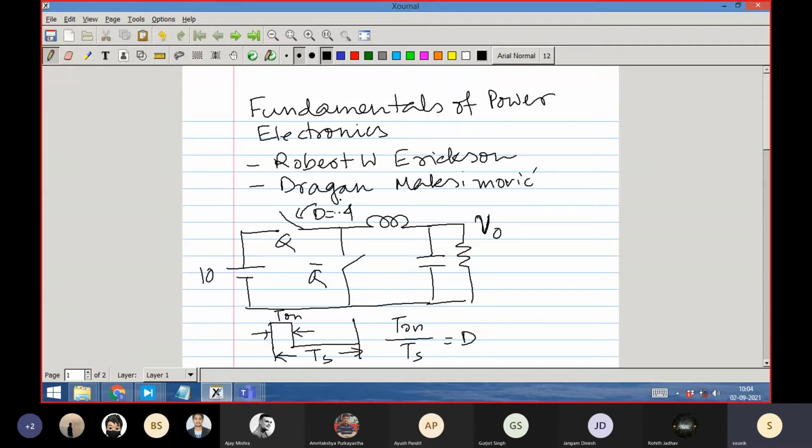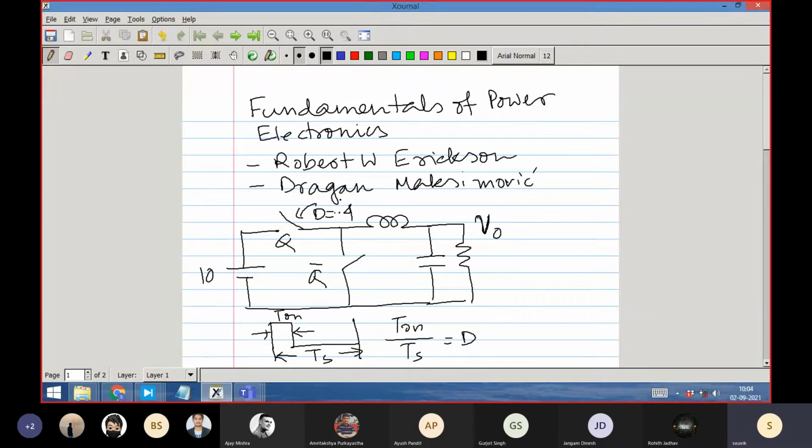Let us operate the switch Q at 0.4 duty ratio. Obviously it means Q bar is operating at 0.6 duty ratio, because that is complementary, but we normally only mention the duty ratio of the main switch. Here Q is the main switch, Q bar is a supporting switch.